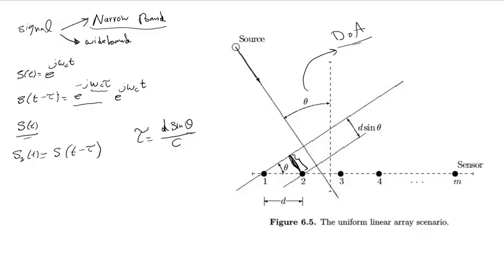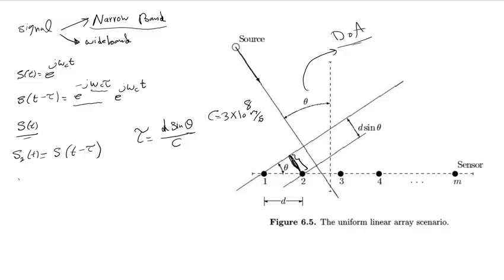Here, for example, we consider electromagnetic waves. And this delay, because our signal is complex, is converted to phase shift.